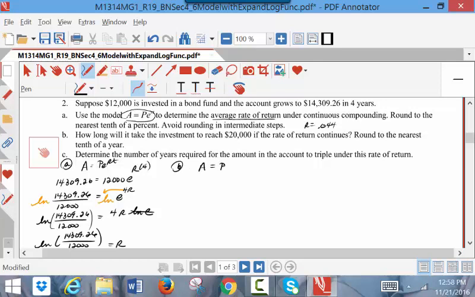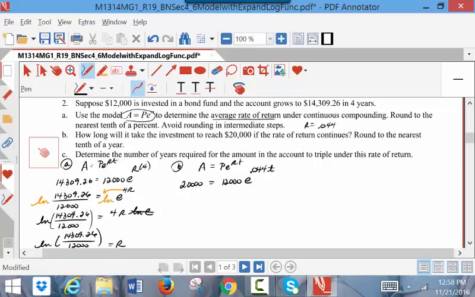So my A equaling Pe to the rt, where r is now the 0.044, it says, well, how long will it take for 12,000 to grow to 20,000 using a continuous compounding rate of 0.044? So now the t is what we're looking for.